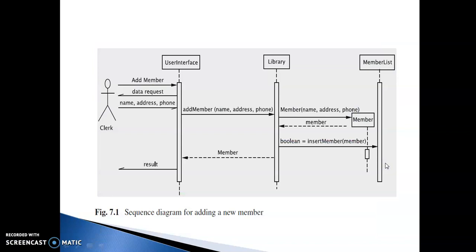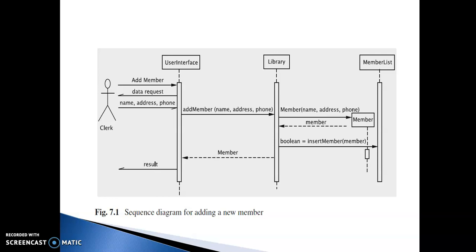Okay. Sequence diagram of adding a new book. Sequence diagrams are those diagrams wherein a sequence of events happens between the library, a member list, and the user interface. What is this user interface? User interface is the interface wherein the clerk will be interacting with the machine, not the user.